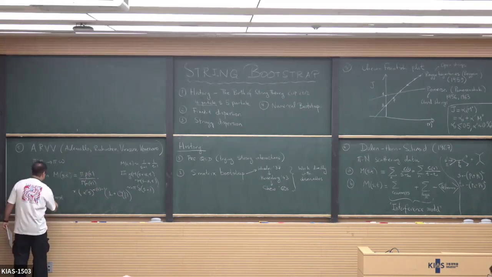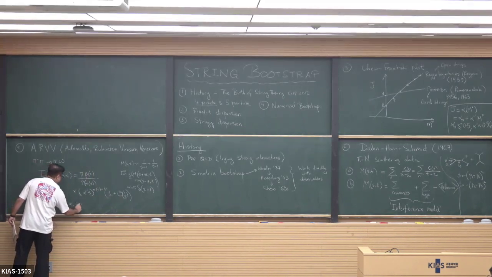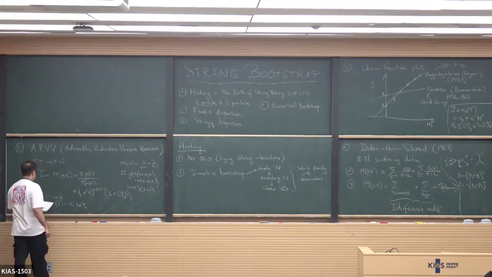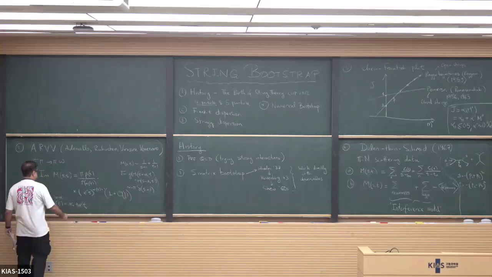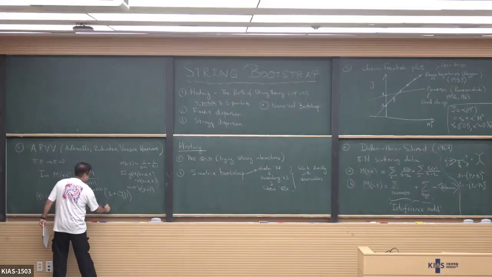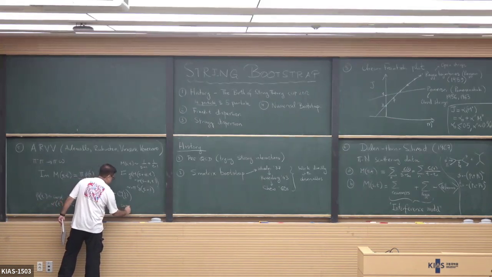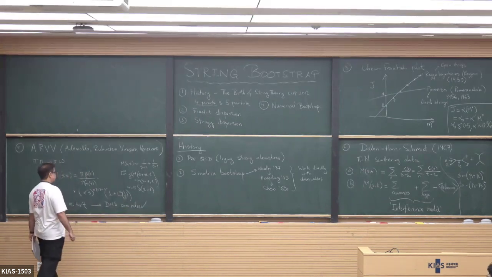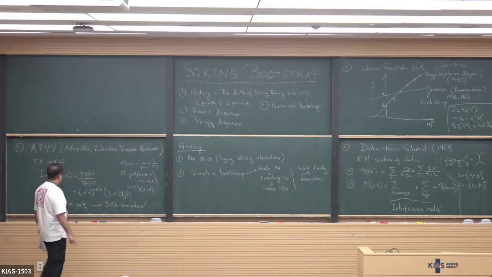Alpha of t is precisely the Regge trajectory. So alpha of t is alpha 0 plus alpha prime t. And they found that the sum rules, so the DHS sum rules they found are obeyed very well. So this was in the ARVV stuff.